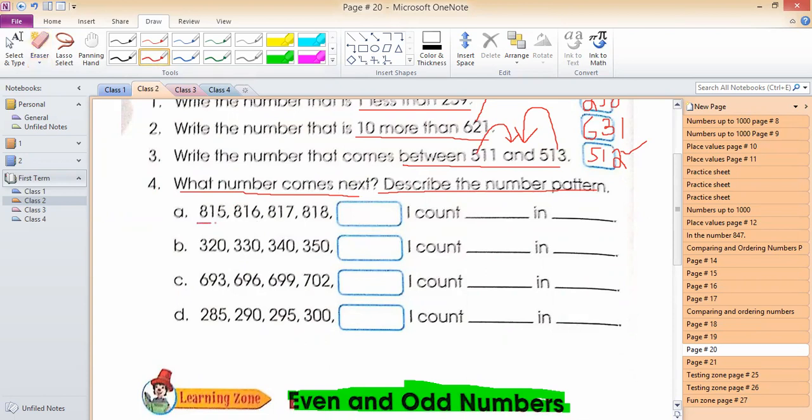The first number is 815, then 816, then 817, then 818. What will come next, guys? Tell me in the chat box. 815, 816, 817, 818. What will come next? Very good, Yusuf.